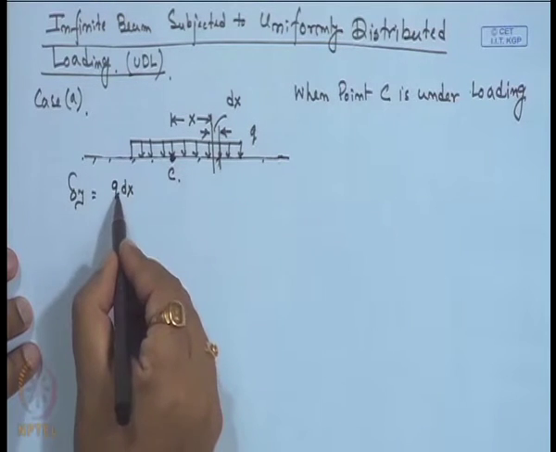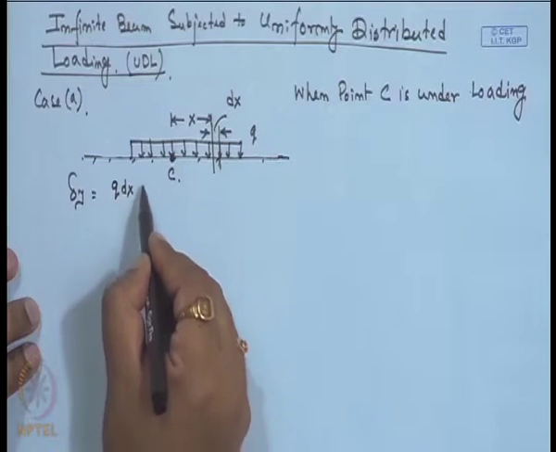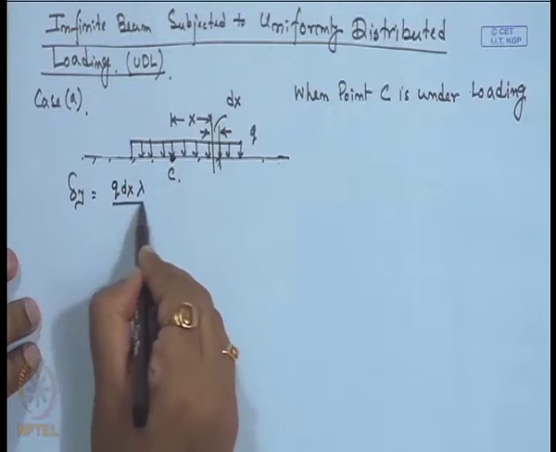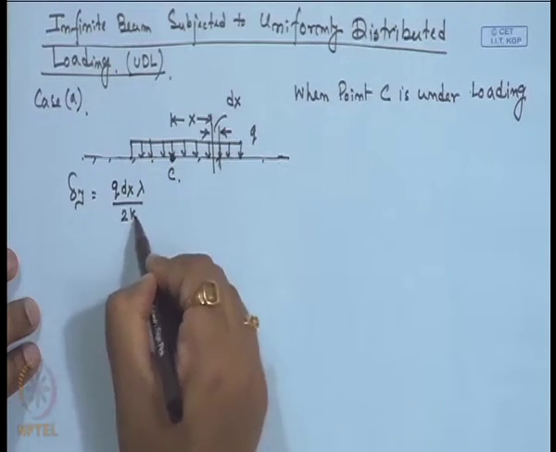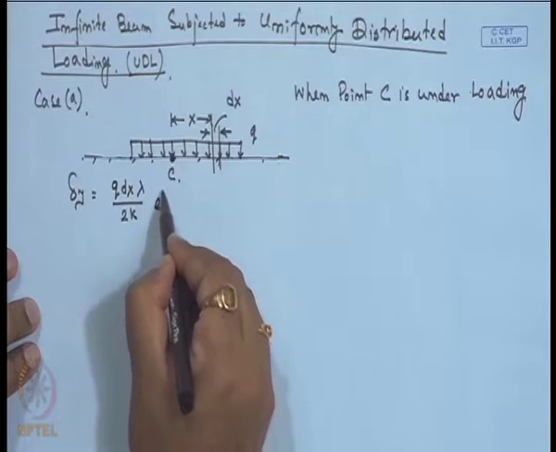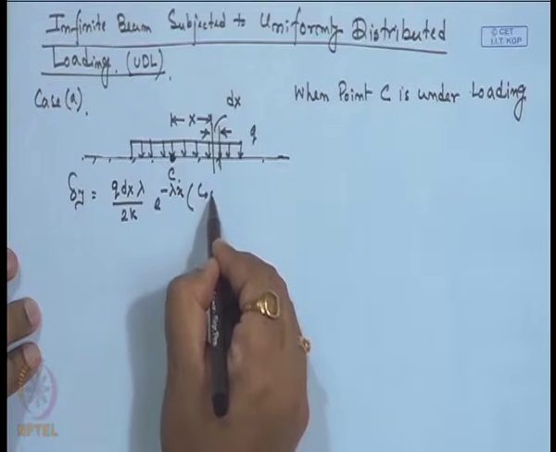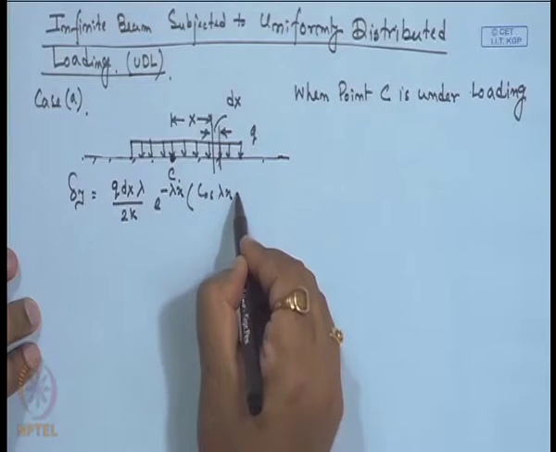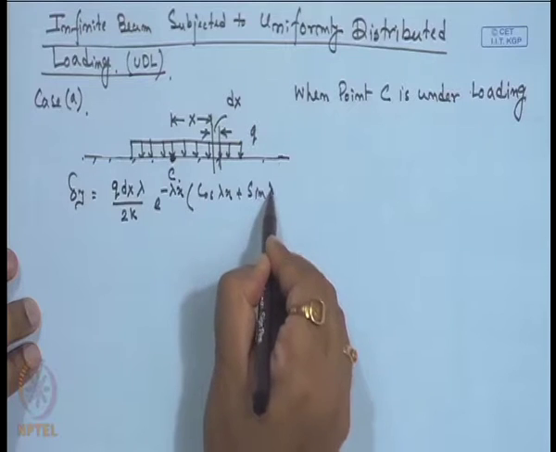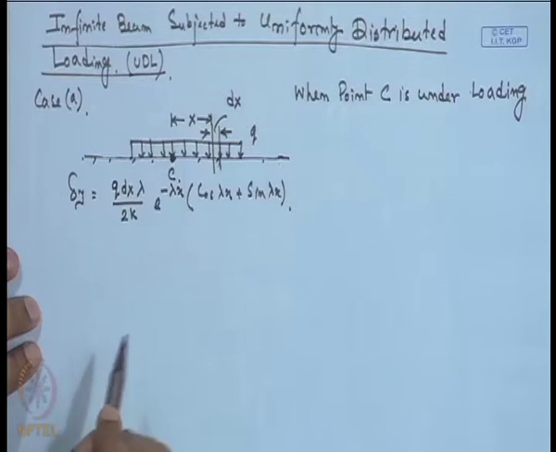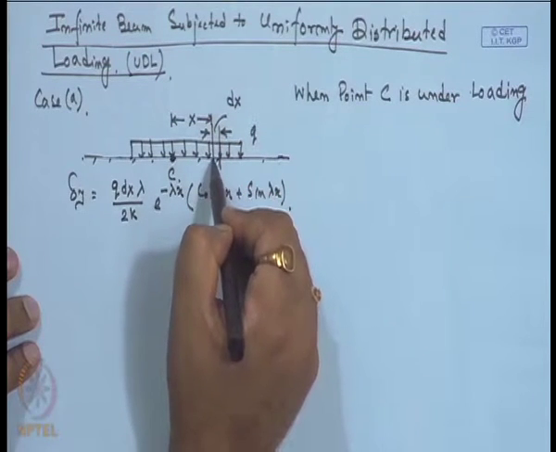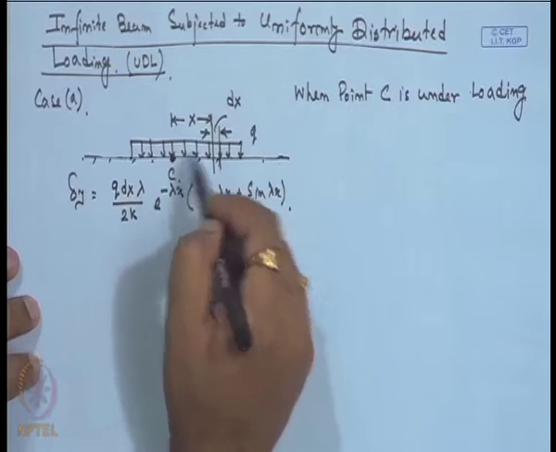So, this will be q into dx, then lambda divided by 2k, and then e to the power minus lambda x into cos lambda x plus sin lambda x. That is only for this small segment; we are considering each as a segment.